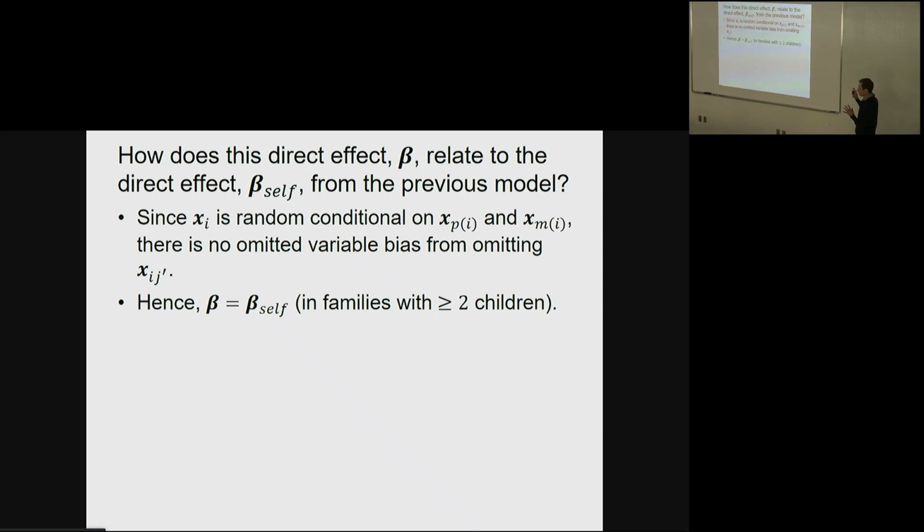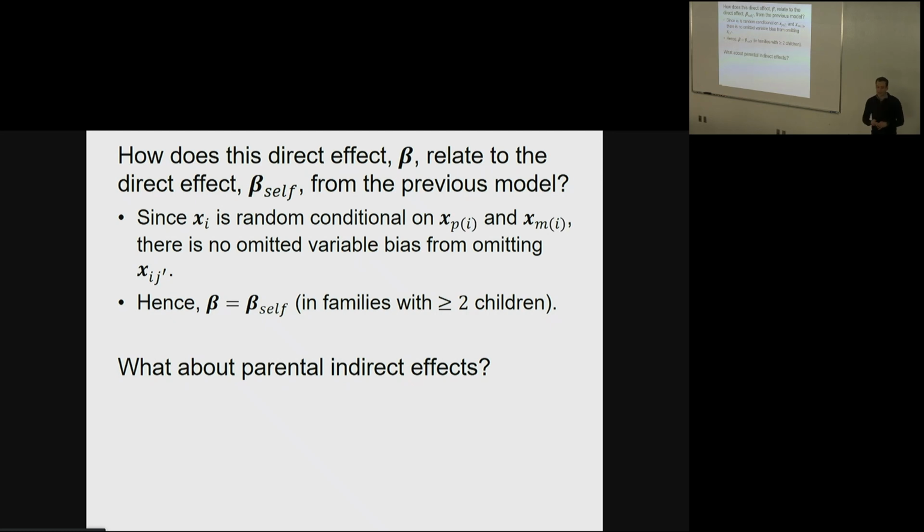There's a nuance here, which is that when you do sibling studies, you're focusing on the population of families with at least 2 children. When you control for parental genotypes, you don't have to make that sample restriction. You can also study families with just 1 child. And there could potentially be a difference in betas in those 2 populations. But apart from that, they're the same concept.